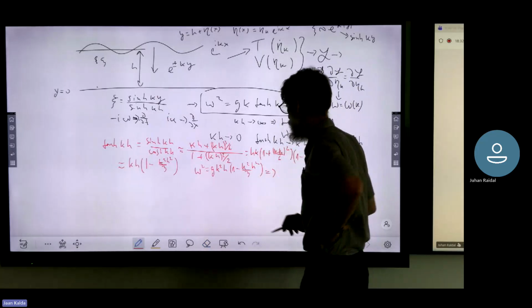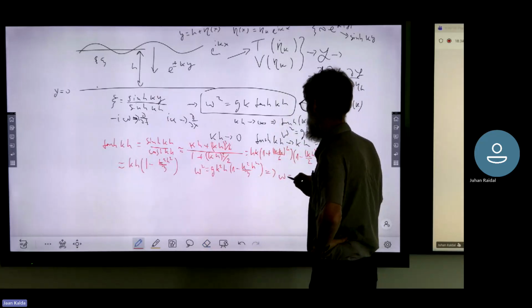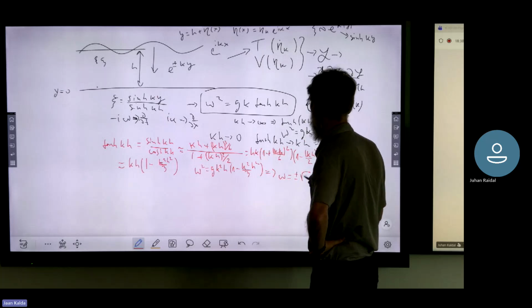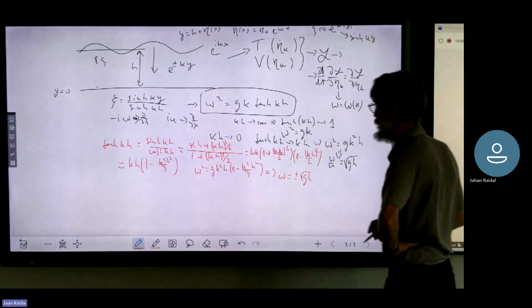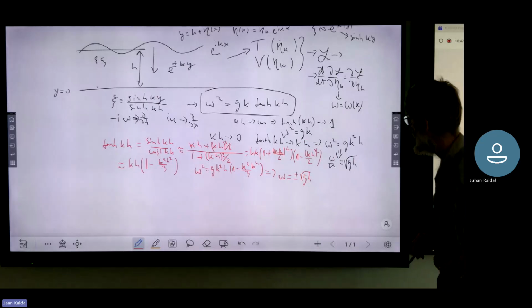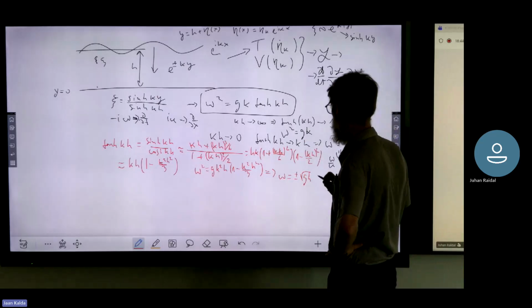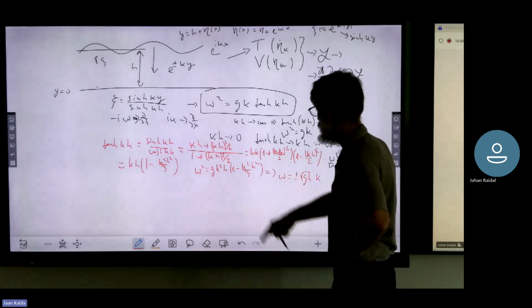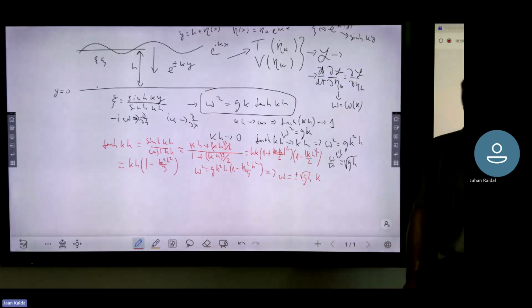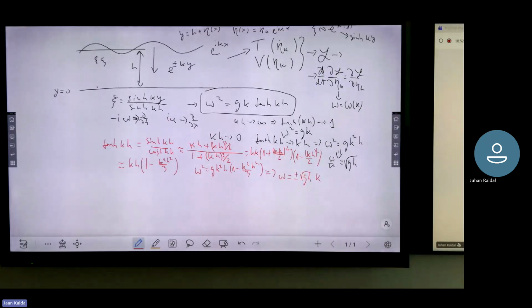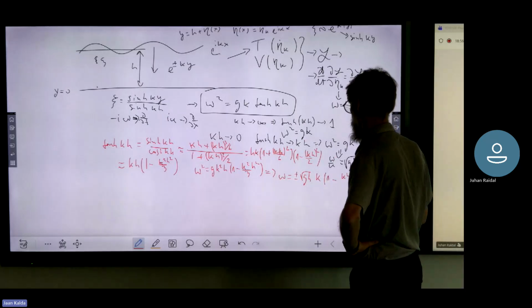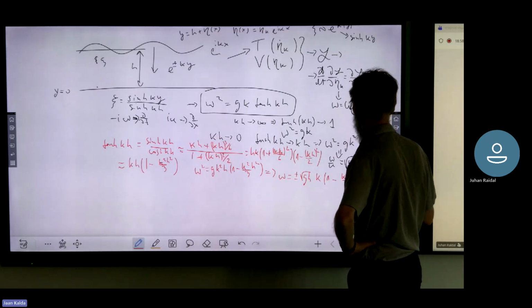From here, omega equals plus minus square root of gh, this is the shallow water wave speed, times k. And the square root of 1 minus x is 1 minus x over 2. So this becomes 1 minus k squared h squared over 6.